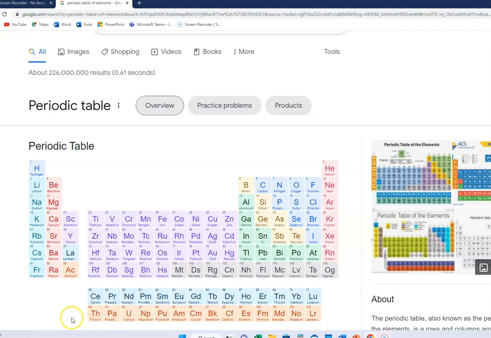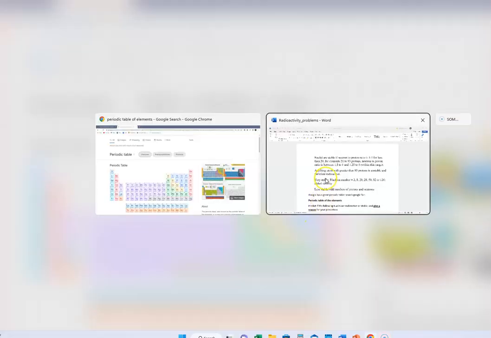Uranium is well beyond 83, and so that's automatically radioactive. In other words, for elements beyond bismuth, there's no number of neutrons that can stabilize those very heavy nuclei.